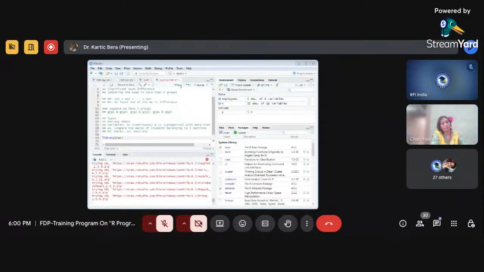Now can I run? No, wait. I cannot see the greater than symbol in the console, right?